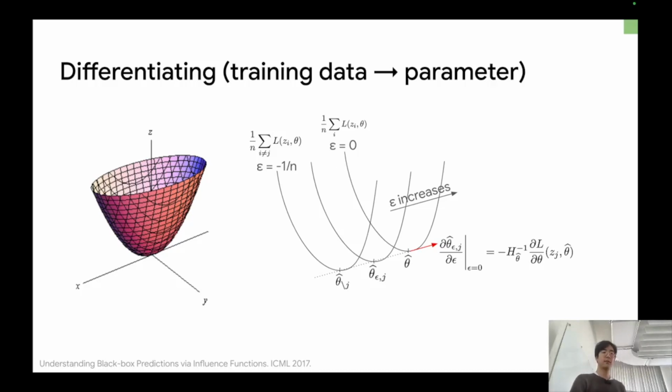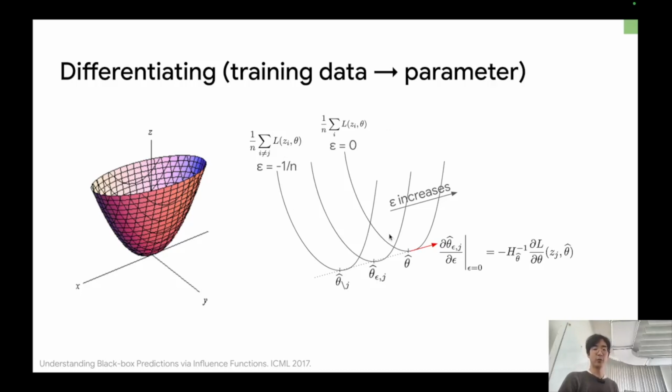Now I'm going to make things a lot simpler and express everything in terms of a three-dimensional surface. So now we have some sort of empirical risk or loss landscape that looks like this, strictly convex, because everything is strictly convex.